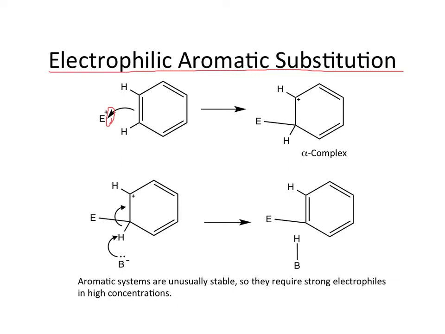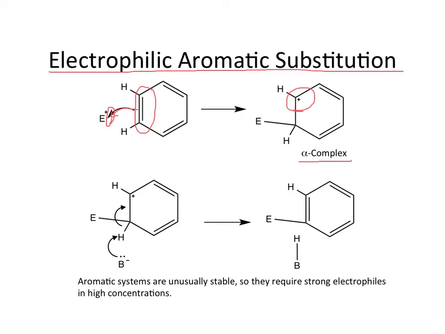And then we need a nucleophile, something that has electrons. In this case, the pi bond of a benzene ring system. So those electrons then leave the bond and enter that empty orbital. That creates a carbocation, and in this case we call that carbocation an alpha complex.